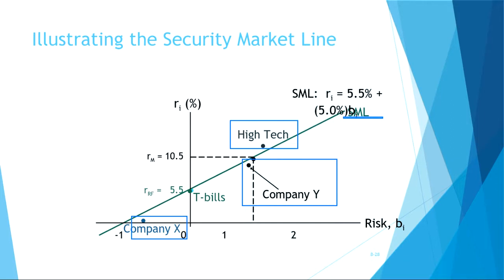If it is below it, decrease the weight in your portfolio. If it is on the line, like the market itself or T-bill, do nothing.